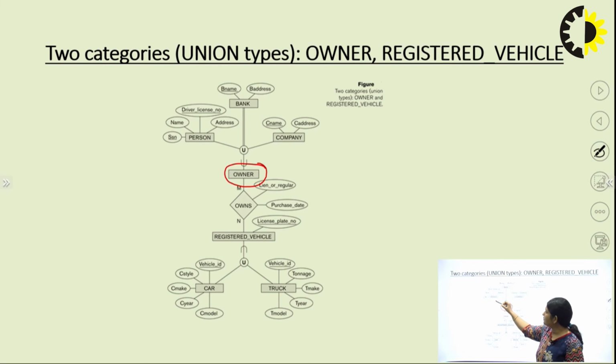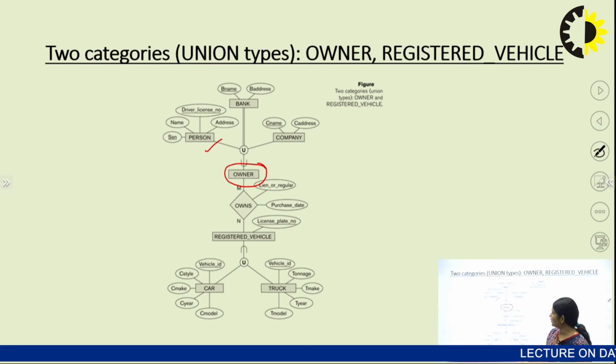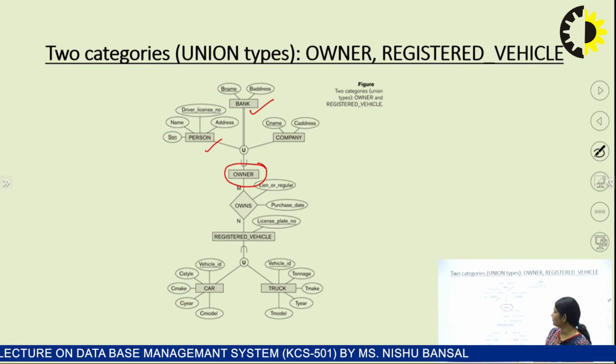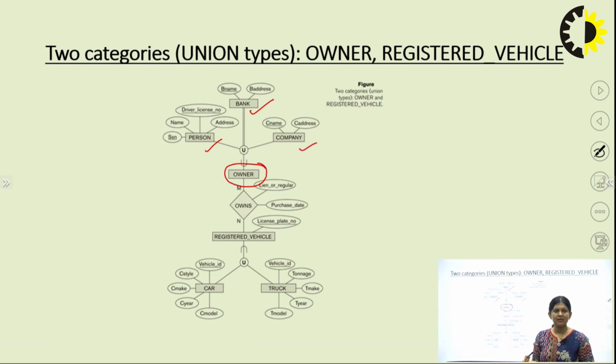Owner can be the person if it is paying all the installments for the car. It can be the bank if we have taken the loan for the vehicle from the bank. A company, if we are taking it from the company, is still the owner unless and until we are paying all the installments to the company.